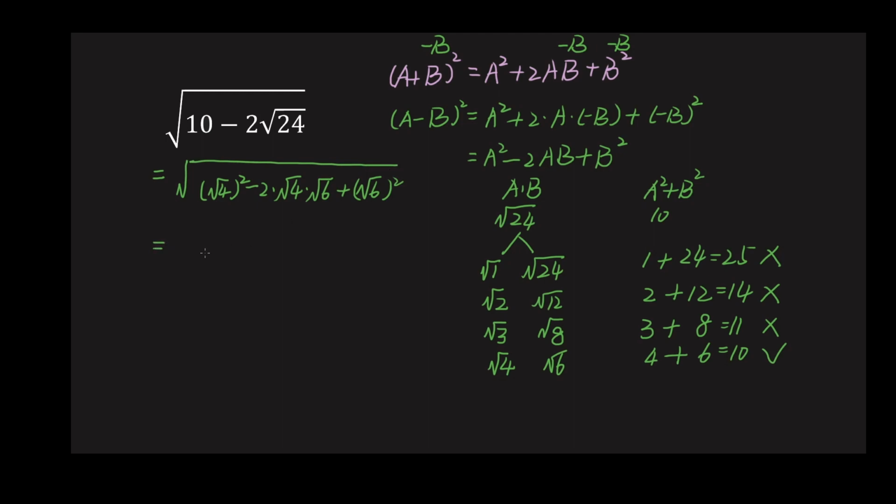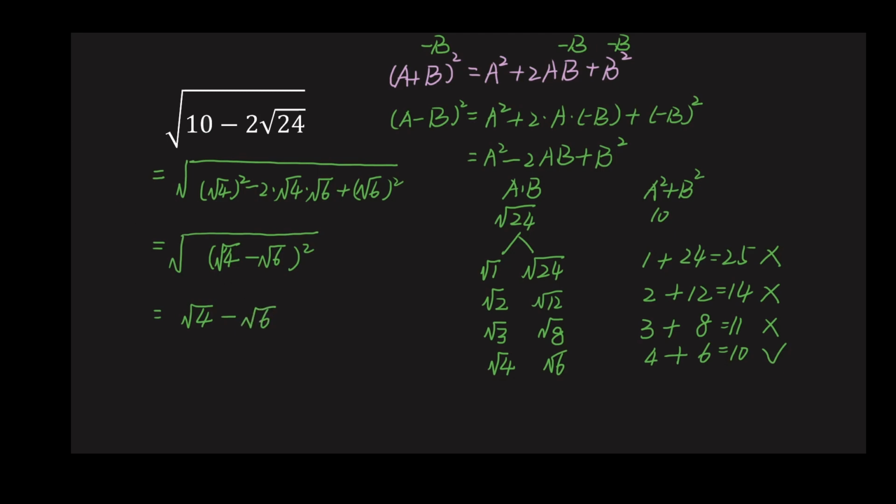That is square root of square root 4 minus square root 6 whole squared. That is square root 4 minus square root 6.